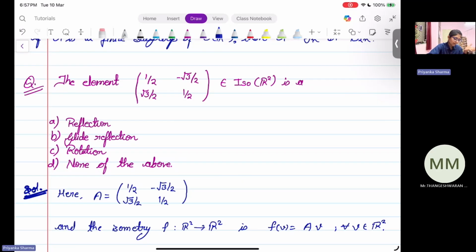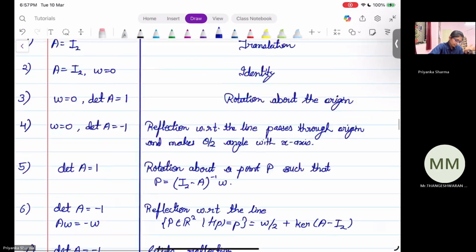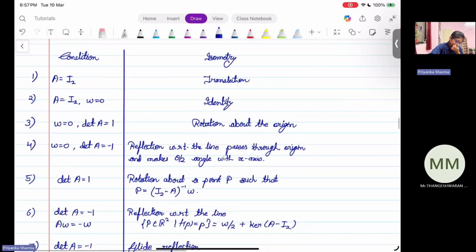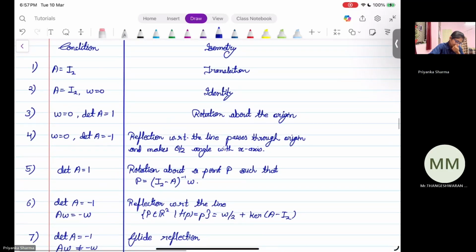How to identify this? We can see that the matrix is not I₂, that is, the matrix is not the identity one, so it cannot be a translation.